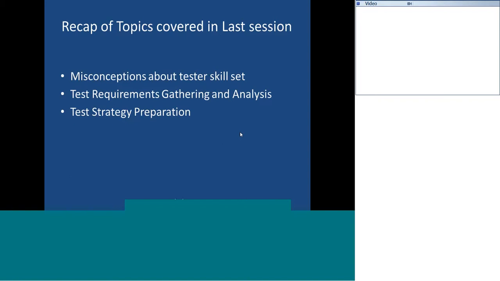The main purpose of the test strategy is that, as a team or organization, we draft some standards and processes that we follow for our testing. As part of the test strategy document, we'll document details about test scope, which items come into our scope and which are not in scope for our testing.